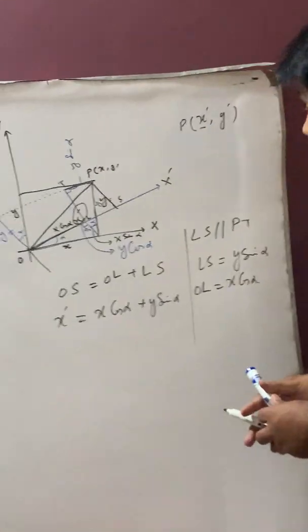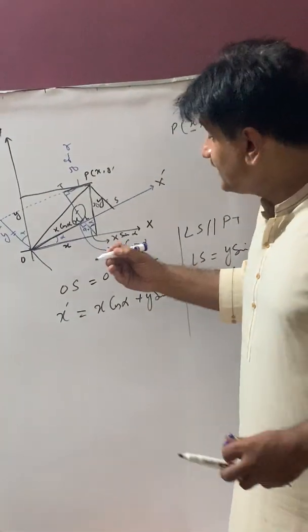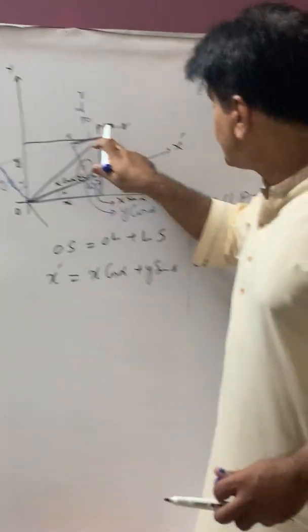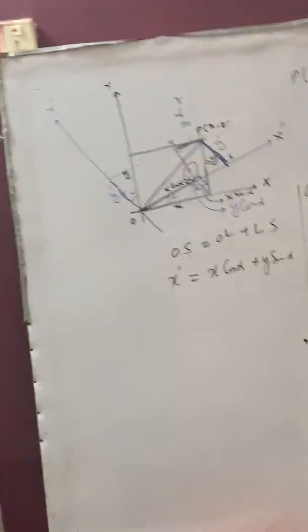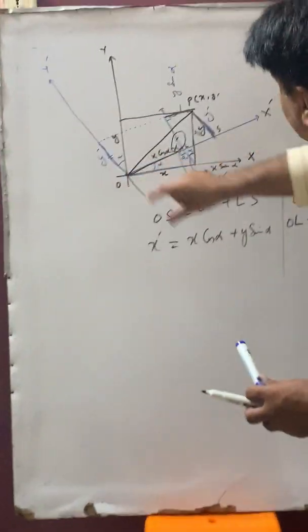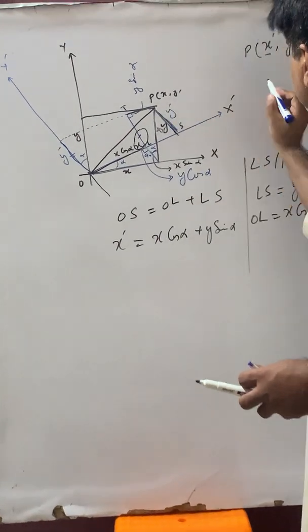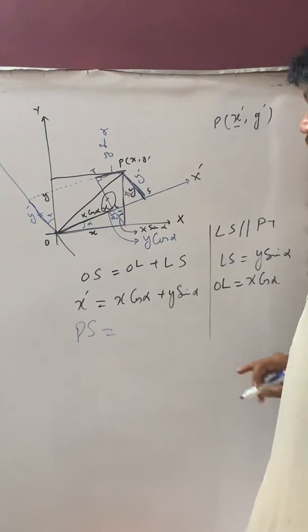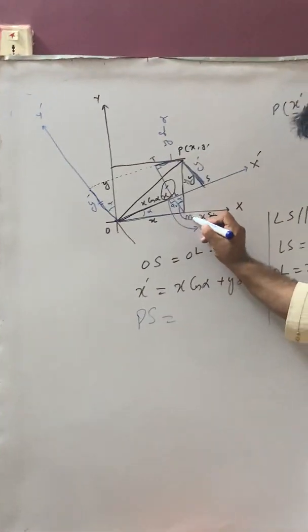Now the second component which I need to calculate is y prime. This is y prime. This is parallel and equal to this one. This is y prime because it is the perpendicular from P on x prime. This y prime and this y prime are equal, represented here as PS. PS is equal to TL plus LM.